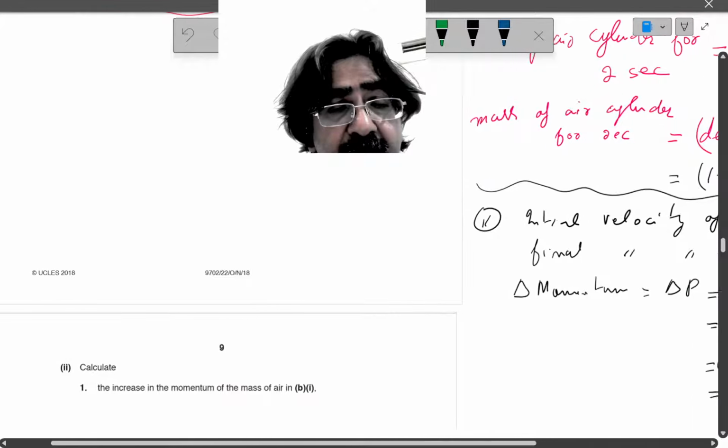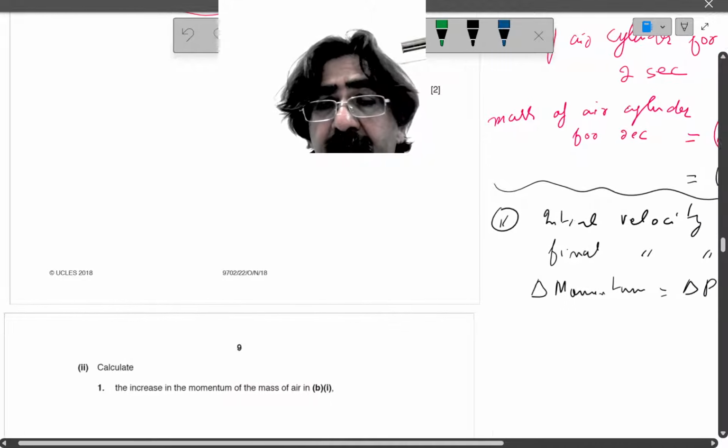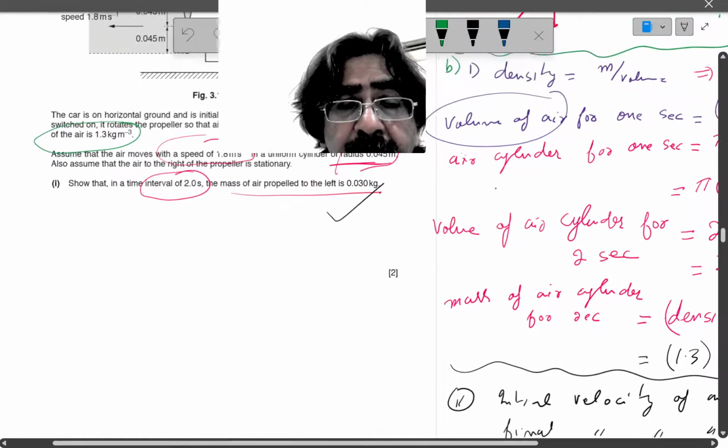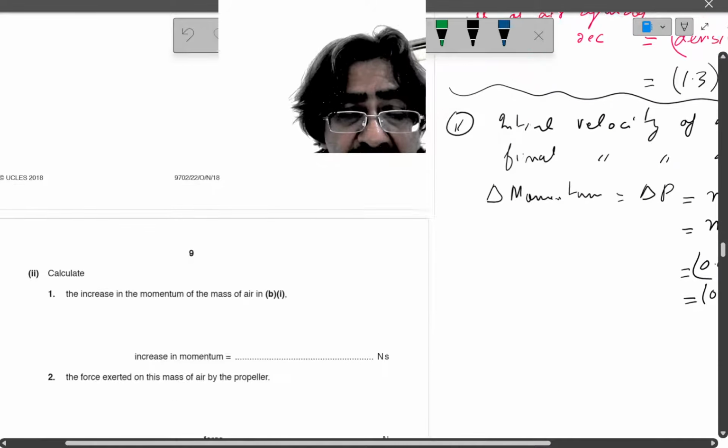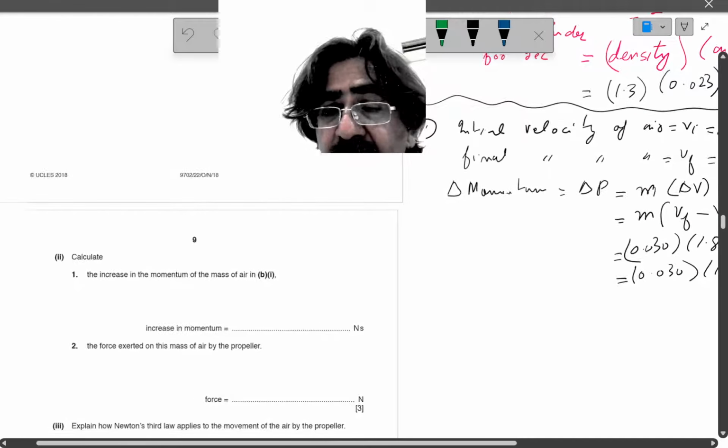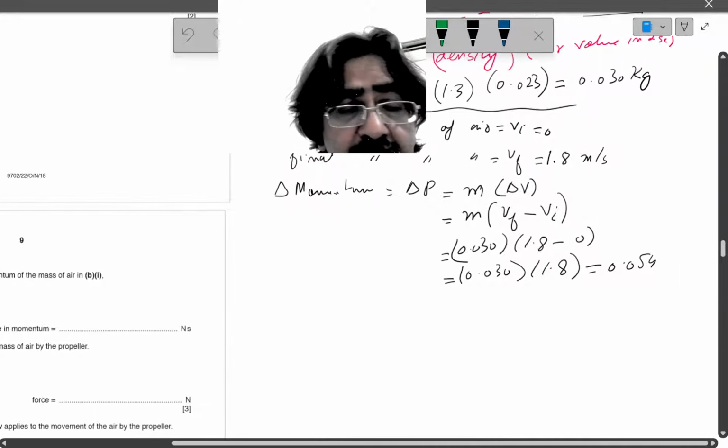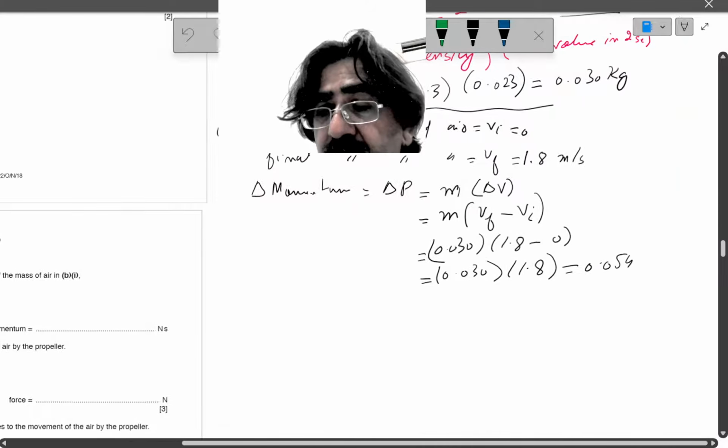So the increase in momentum is 0.054 Newton meter seconds.